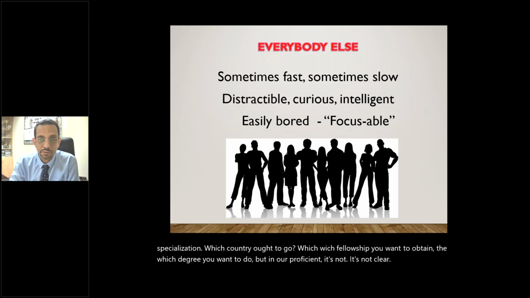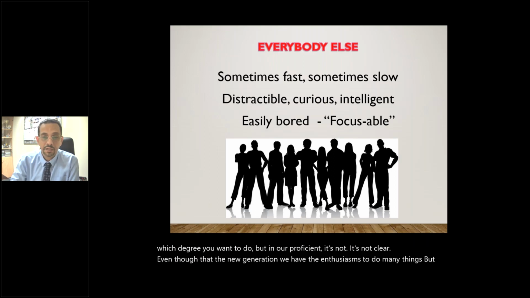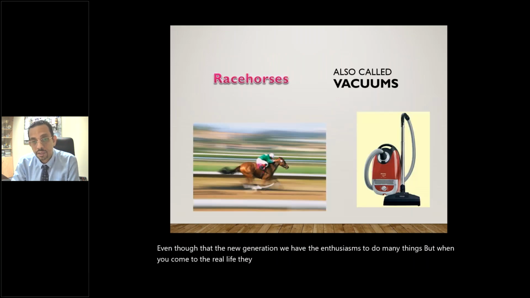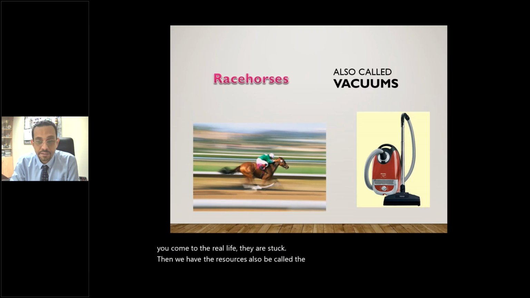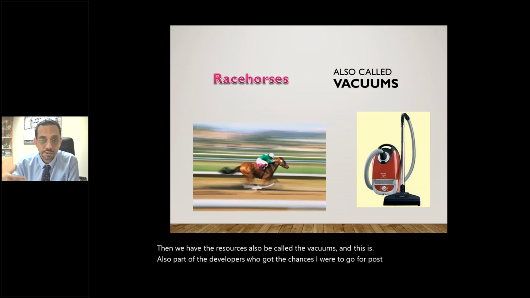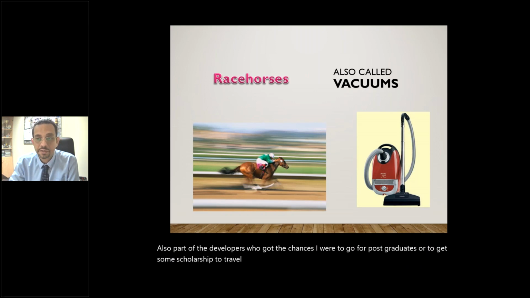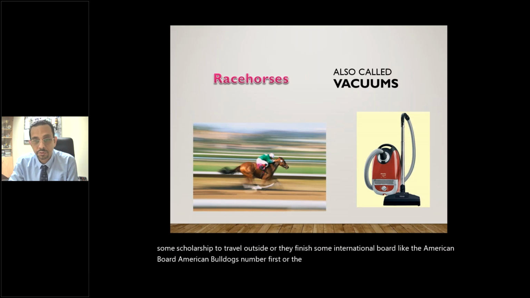Even though the new generation has the enthusiasm to do many things, when it comes to real life, they are stuck. So we have the race horses, also called the vacuums. This is also part of the radiographers who got the chance either to go for postgraduate studies or to get a scholarship to travel outside, or they finish some international board like the American Board of Sonographers, or obtain the Canadian or Australian board.